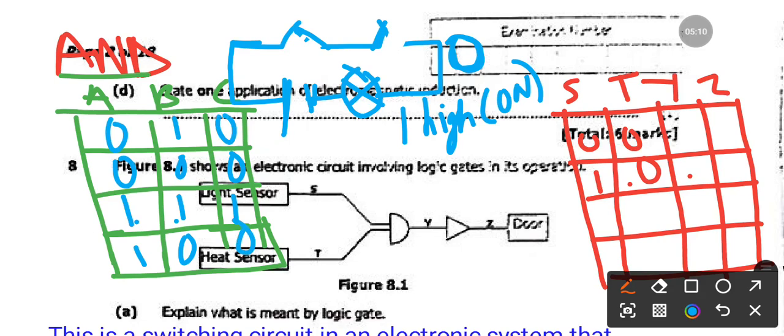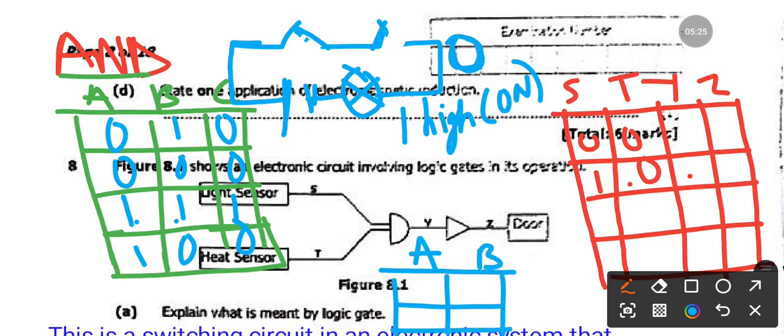How do you draw the truth table for a NOT gate? For a NOT gate, its truth table is very easy to draw. It only has one input and one output. So we have 0 and 1. A NOT gate is sometimes referred to as an inverter, because what a NOT gate does is that it flips the input value.